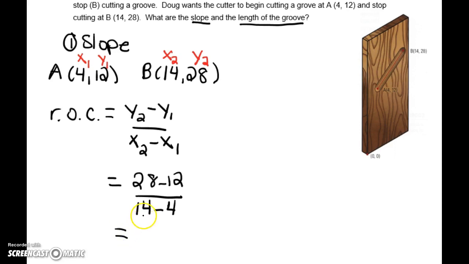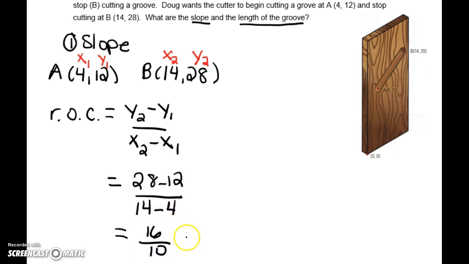One thing that's really important when you're dealing with fractions is that you can't do your division first, so you can't actually solve BEDMAS. You actually have to solve the numerator and the denominator before you can start to divide any numbers here. So first, let's simplify our numerator. So we have 28 minus 12. That should give you 16. And 14 minus 4 is 10.